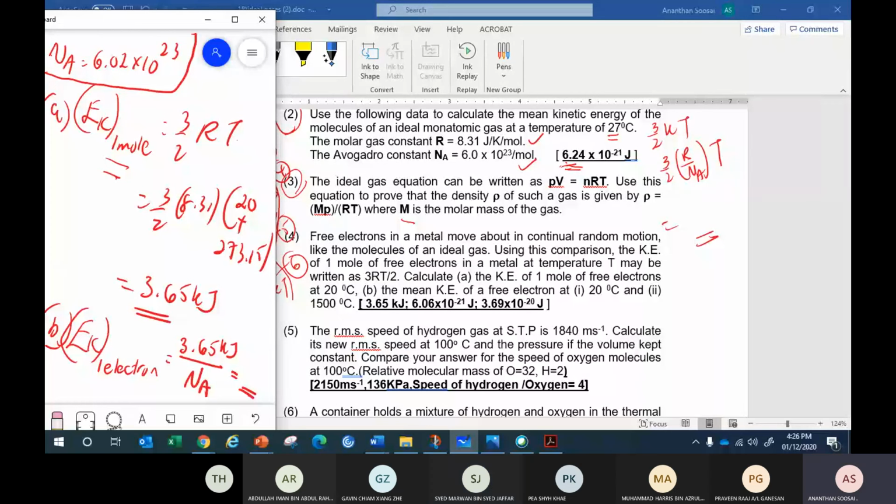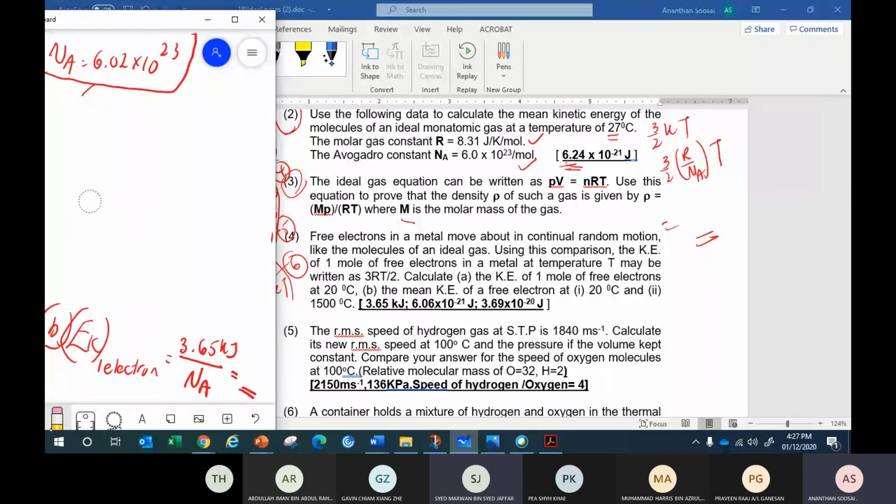Okay, so I hope you're done with part A and part B1. Now the tricky one is part B2. Come on, get me the answer. 3.69 times 10 to the power of negative 20 joule. How are you going to get it? Same way, right? You can straight away use 3 over 2 kT if you want.